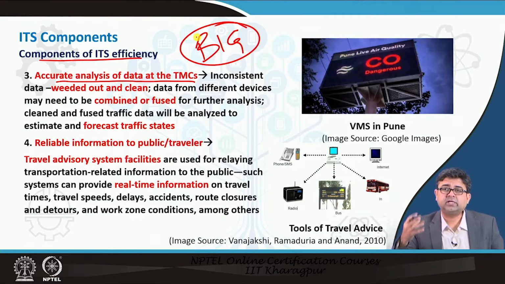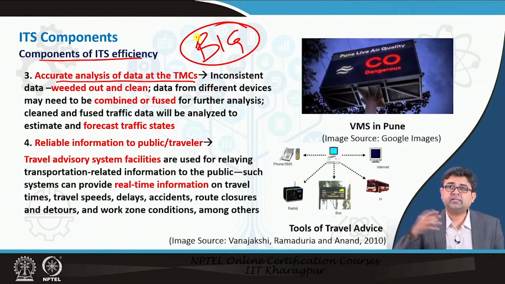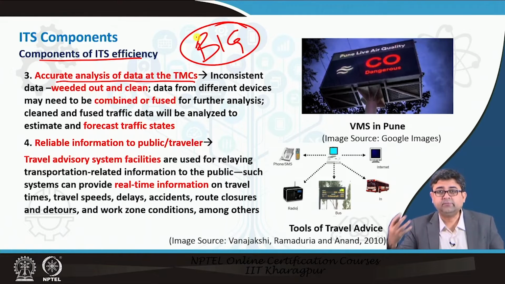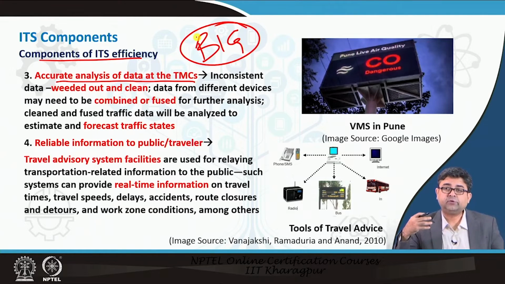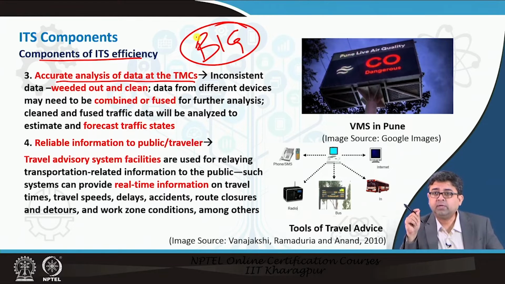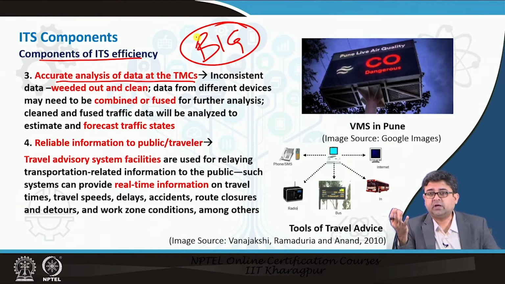It is not very efficient to just have CCTV cameras everywhere. You have to convert the feed of the CCTV cameras into some sort of information. If you have CCTV cameras and you are looking at the intersection, but you are still manually changing the signal timings, that does not help you improve the efficiency of that traffic signal, for example.